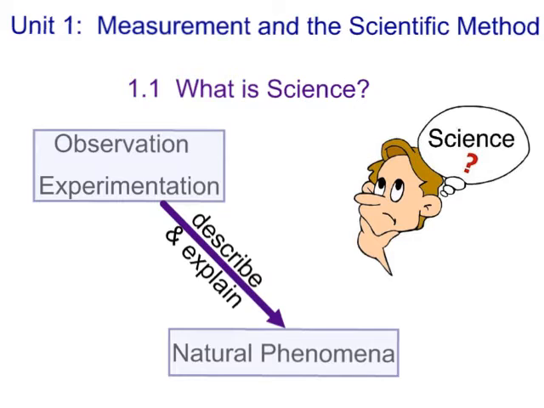And Unit 1 is entitled Measurement and the Scientific Method, which deals with actually a lot of different topics, a variety of things that we need to cover before we really get started. We're going to talk about what science is, what characteristics of life are, the scientific method, obviously, how to design experiments, what the different components in an experiment are.